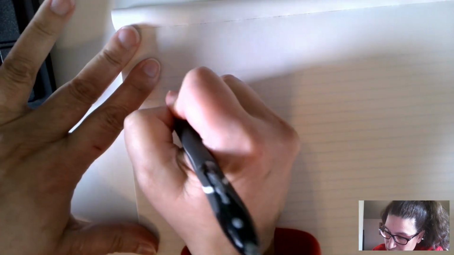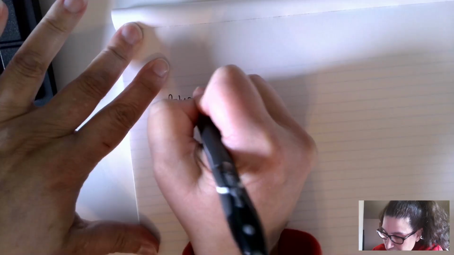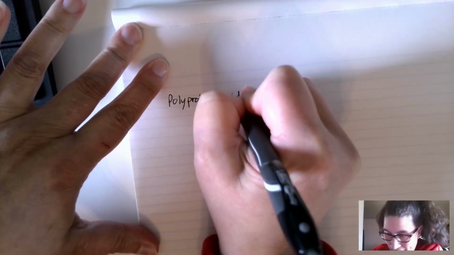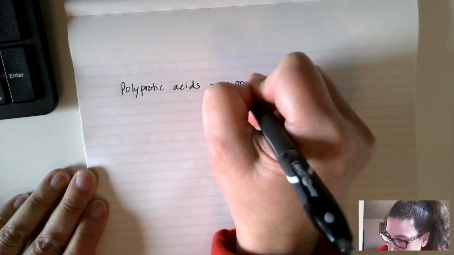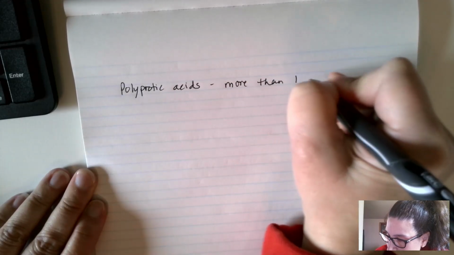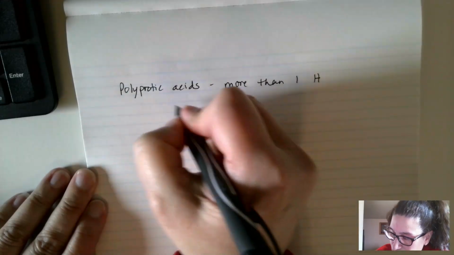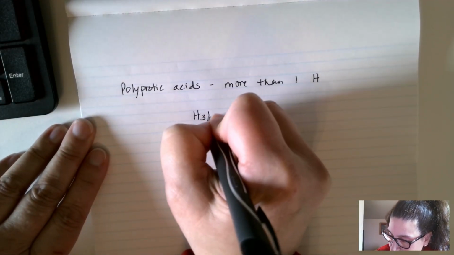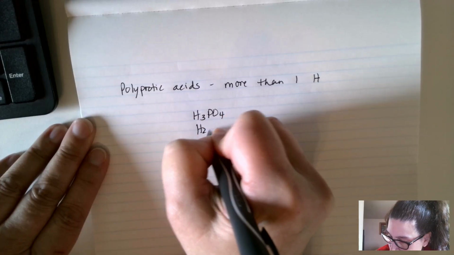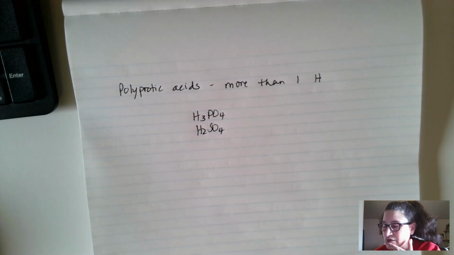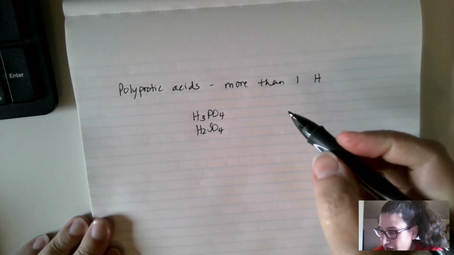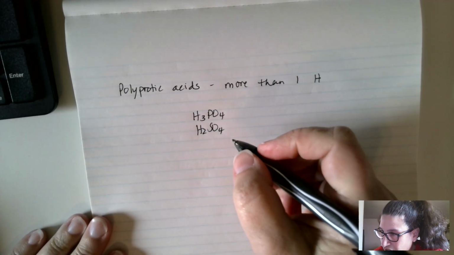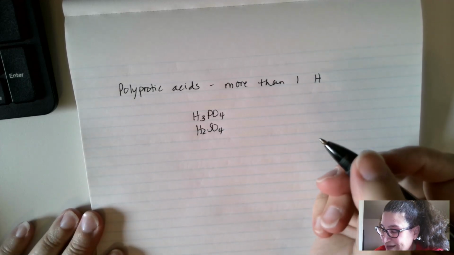Okay, so next we want to talk about polyprotic acids. Okay, and polyprotic acids have more than one H. So this could be like H3PO4 or H2SO4, something like that that has more than one H. And polyprotic acids have a first ionization, a second ionization, so you're going to have more than one Ka.